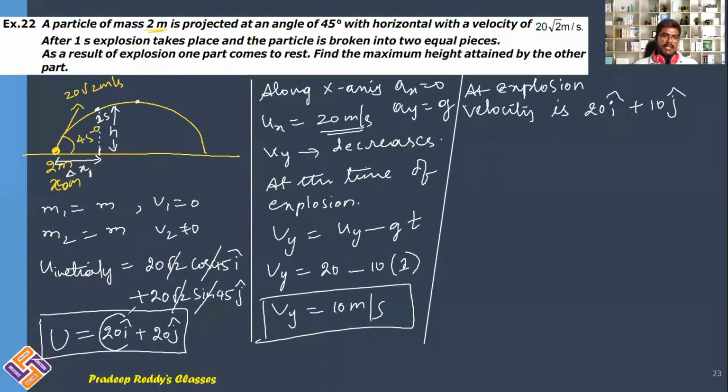But what about this 20 j? As it is going up, it decreases, and after 1 second it becomes 10. That's the reason why before explosion the velocity of the projectile is 20 i cap plus 10 j cap. Okay, that is velocity of the projectile.